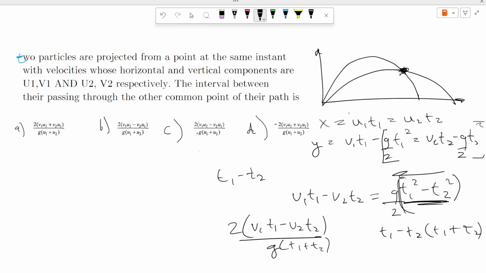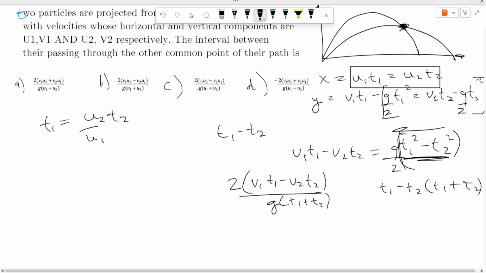We already have the ratios of t1 and t2 in terms of u1 and u2, right? So we can write t1 as u2 upon u1 t2. Okay, so let's just move ahead with that.